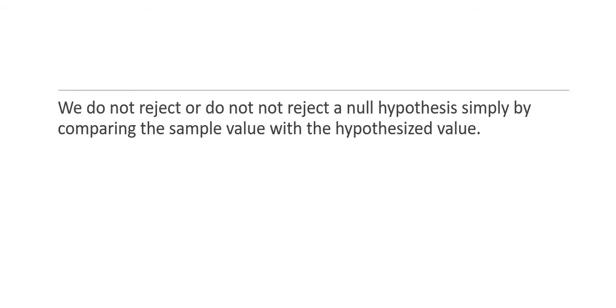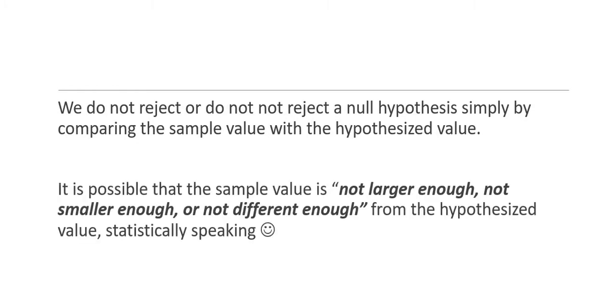We do not reject or do not reject a null hypothesis simply by comparing the sample value with the hypothesized value. It is possible that the sample value is not large enough, not small enough, or not different enough from the hypothesized value, statistically speaking.